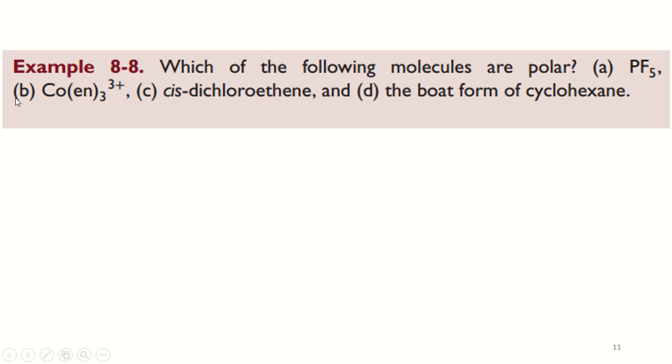So what about the third, cis-dichloroethene? Cis-dichloroethene has the same symmetry elements as water. For example, it has identity, it has C2, it has sigma V and sigma V dash.